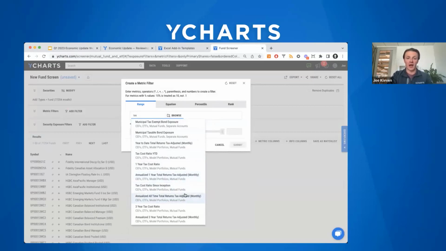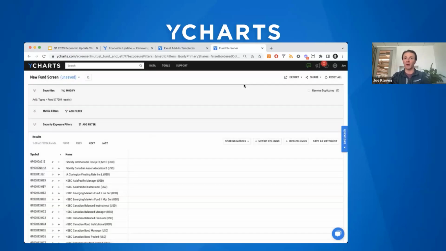So annualized, all time, 1 year, 3 year, on monthly basis, on annual basis, and so on and so forth. There's definitely a lot of good information in there that you'd be able to play around with on your own accord. Nothing that I can think of right here on the spot, unfortunately. But if you were to go into YCharts and play around with that, there are definitely great insights that you could generate with our tools at your disposal there.